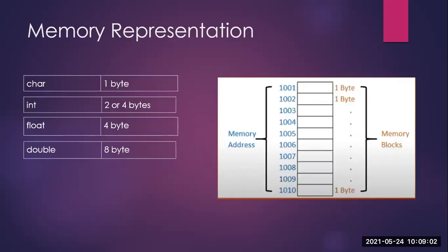Now this topic we are going to understand is about memory representation. All of you have been using computers and are aware that whenever you try to execute programs, not only programs, you want to store something in the computer. So we have two kinds of memories there: one is the primary memory and the secondary memory.